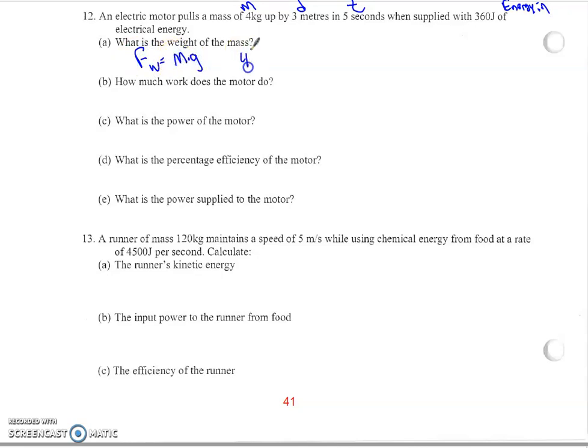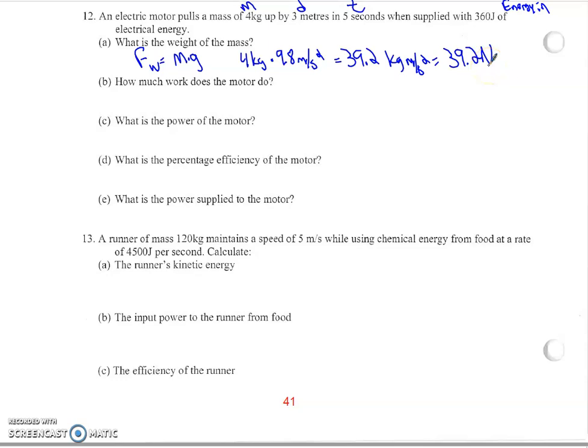The mass is 4 kilograms, gravity is 9.8 meters per second squared, and you end up getting 39.2 kilograms meters per second squared, which is the same as a newton, so 39.2 newtons. Remember, a newton is how much force it takes to move a 1 kilogram object by 1 meter per second squared, or get it to accelerate by 1 meter per second squared. So when you have kilograms meters per second squared, that's the same as a newton.